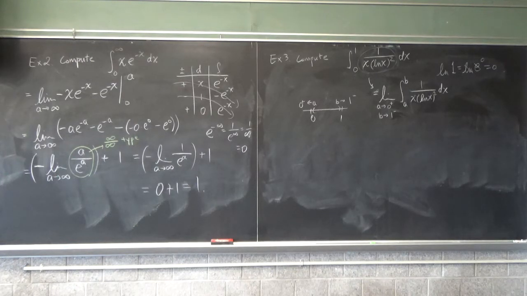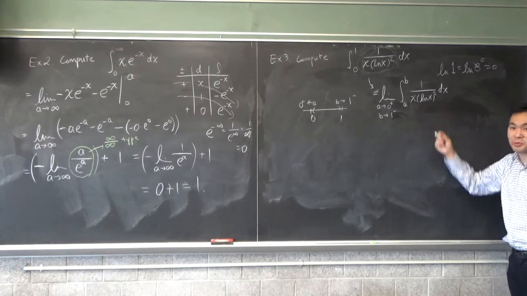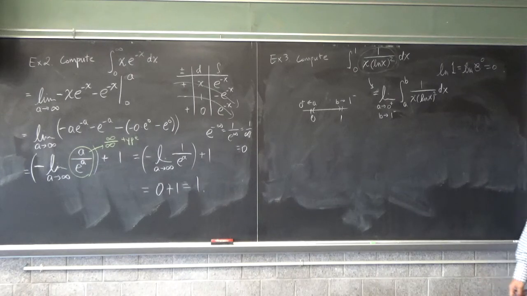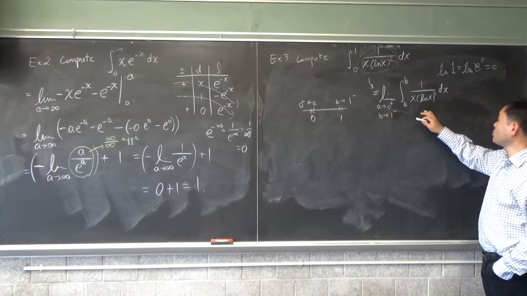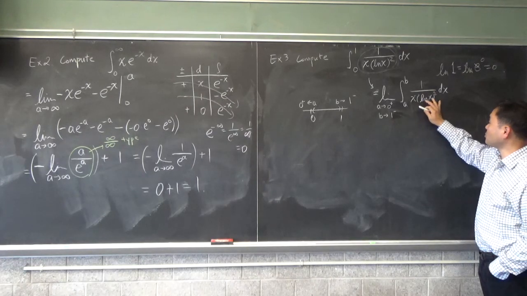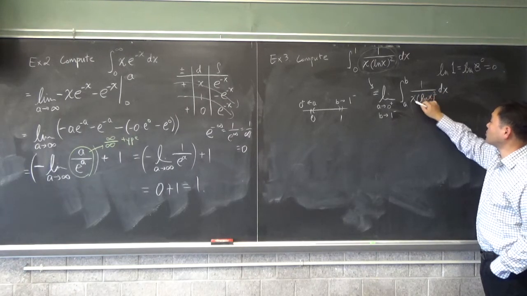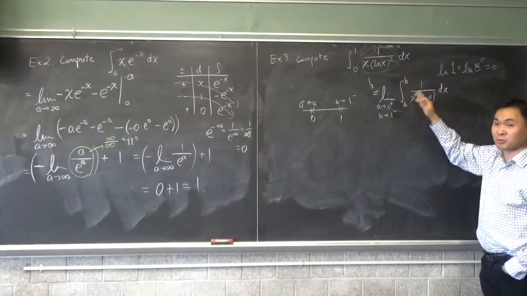And so for this integral, we have to do some more work. Usually when I do substitution, I say you have to not only change the function, but also the bounds according to it.